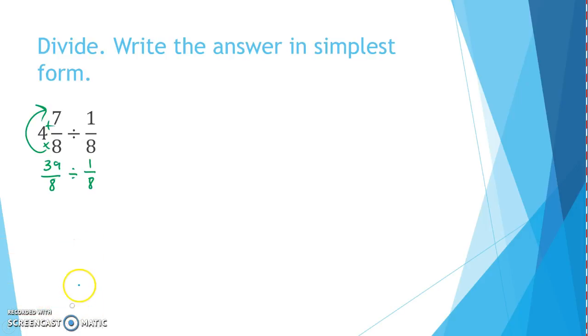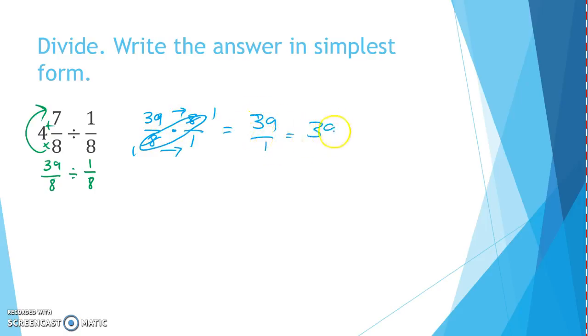So we're going to keep 39 eighths the same, change this to multiplication, and flip 8 over 1. And so now I see 8s in diagonals, so those both become a 1. And then when I multiply straight across, I actually only get 39 over 1, or just 39 as our final answer.